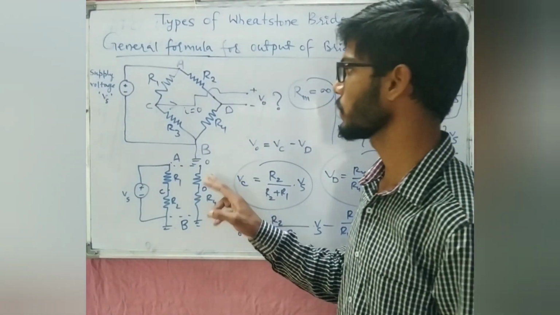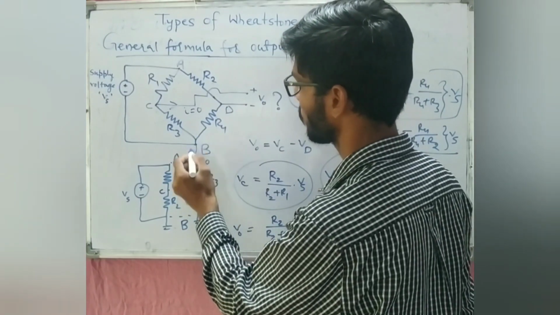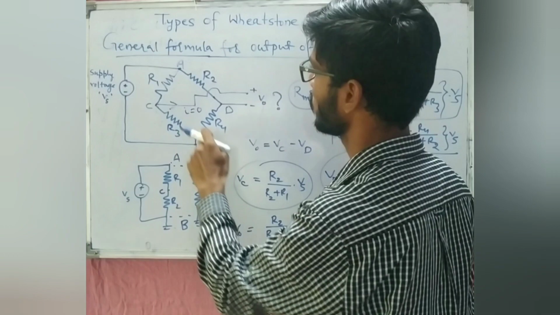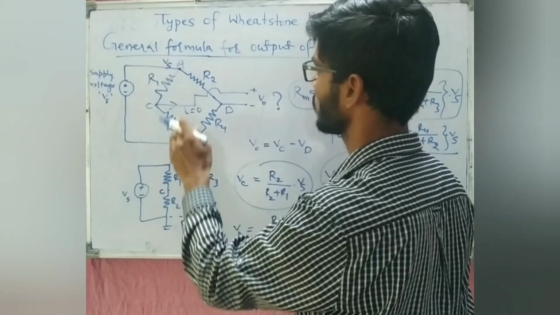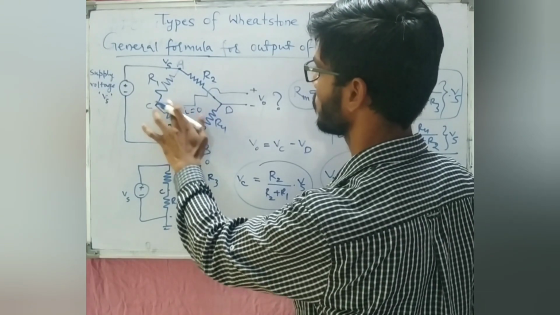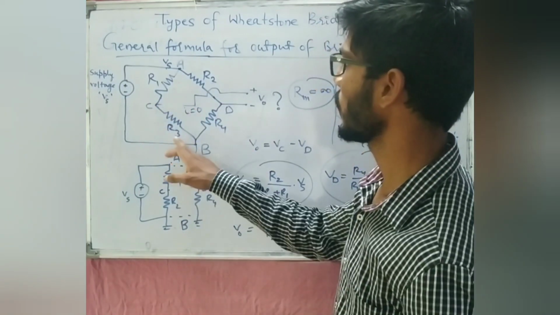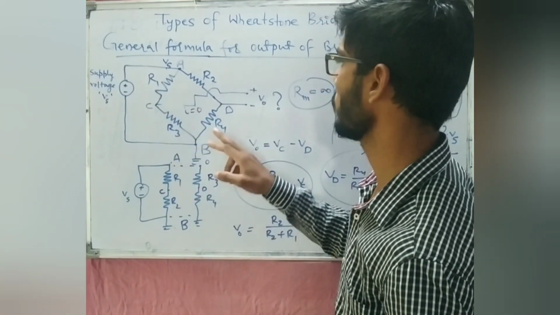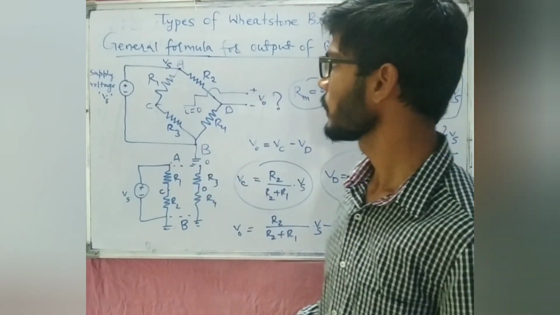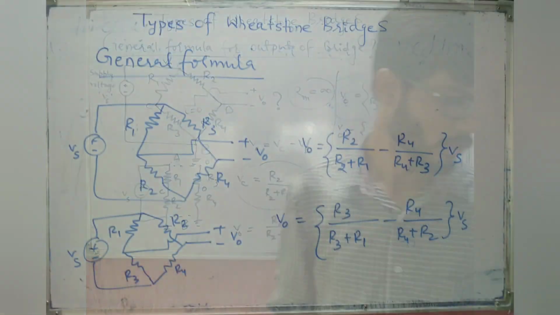You just have to assume this particular point as V0, so automatically this is ground, 0, and automatically this will be Vs, and simply apply voltage division, because you can assume that there is no path for the current. So R3 divided by R3 plus R1 minus R4 divided by R4 plus R2, into Vs. This is the general formula.